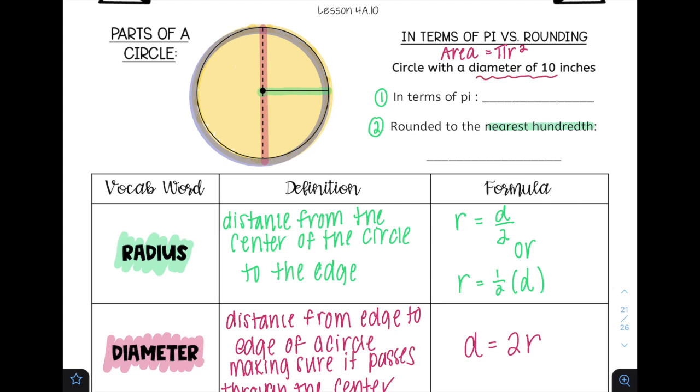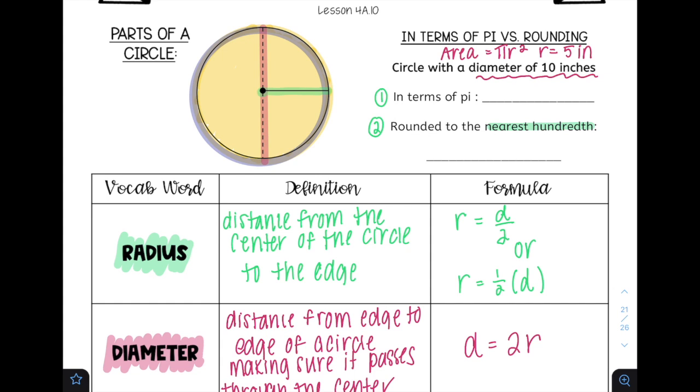We're given the diameter of 10 inches, but I know my formula needs radius. So I'm going to use what I know about radius. I know it's half of the diameter, so half of 10 would be 5. And I want to make sure I include my units because it's inches. So when I want to calculate my area in terms of pi, I'm going to leave the pi symbol in the answer.